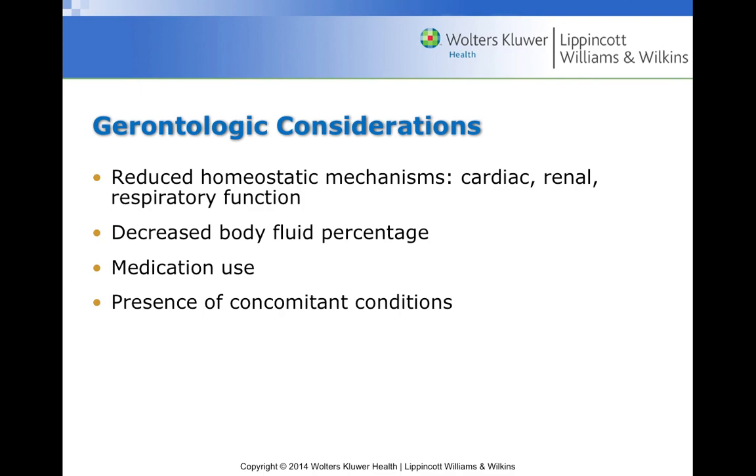Now, before we go forward and talk about fluid volume imbalances and disturbances, I want to back up just a little bit and review a couple of laboratory tests that are useful when evaluating fluid status. So, of course, we talked about osmolality and osmolarity.